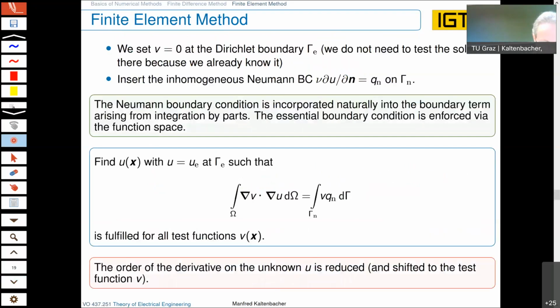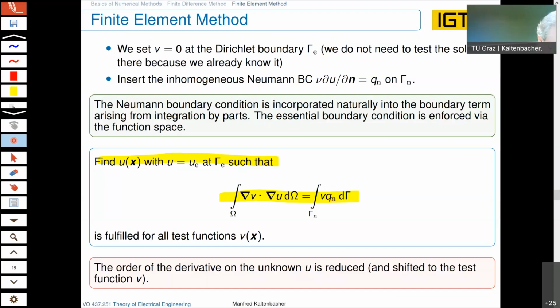And that is then this important value here, where we still search for the unknown u, which fulfills some Dirichlet boundary conditions, but we know our value there at the Dirichlet boundary. And we have to solve this equation here, where I already have substituted the inhomogeneous Neumann boundary by Qn.